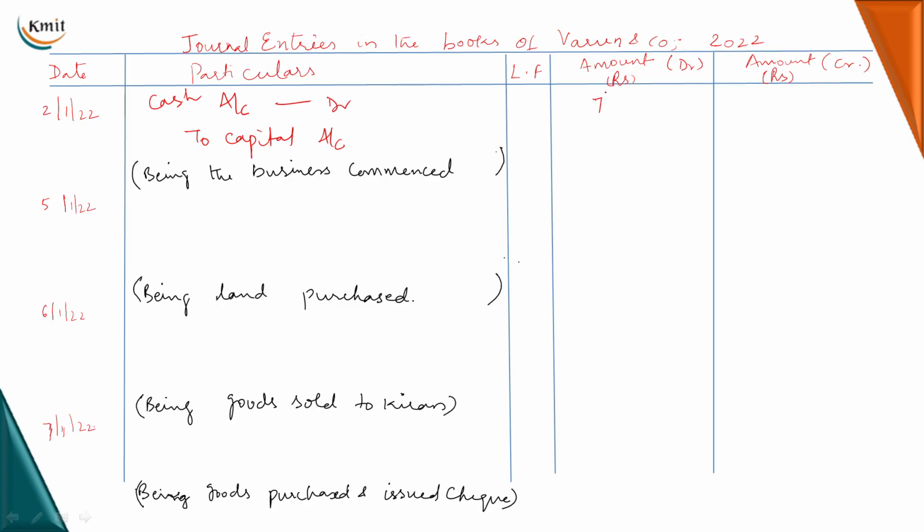When the cash account is debited, we enter the cash amount 70,000 here, and for the capital account being credited, we put the same amount under the credit column. This is how the journal entry will be done, and the relevant narration is written here, that is, being the business commenced, right?